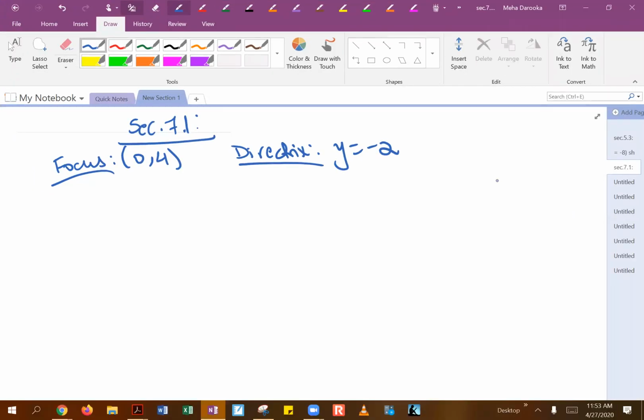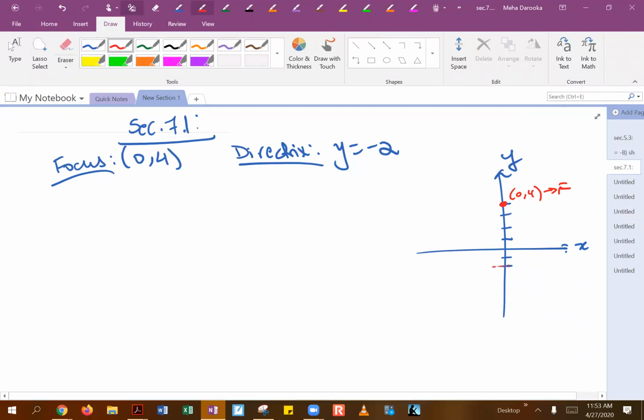Okay, so just to give us a rough idea where these values fall, you are looking at 0, 4, so that's going to be 1, 2, 3, 4. This right here is our focus, and then the directrix is at y equals -2. That's going to be the horizontal line.